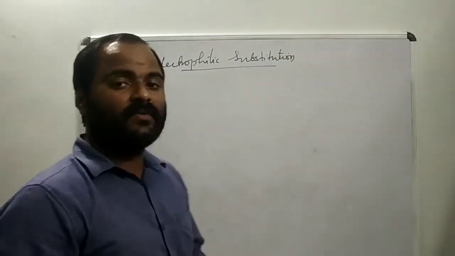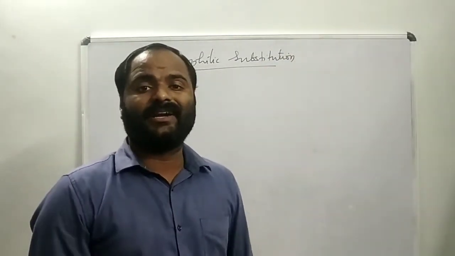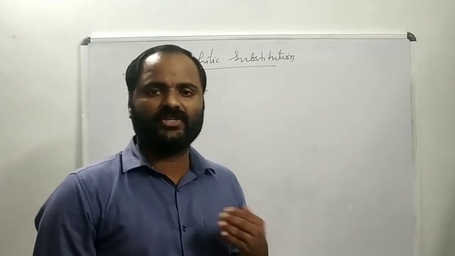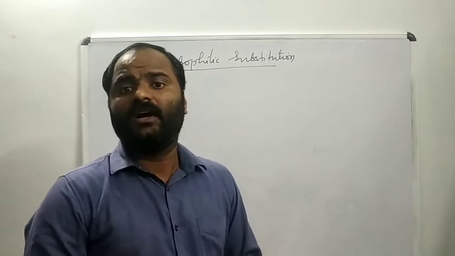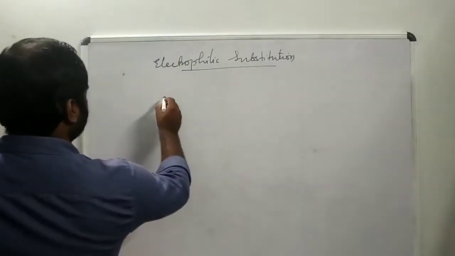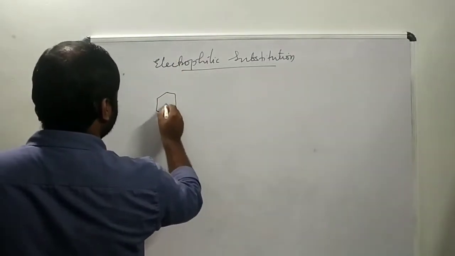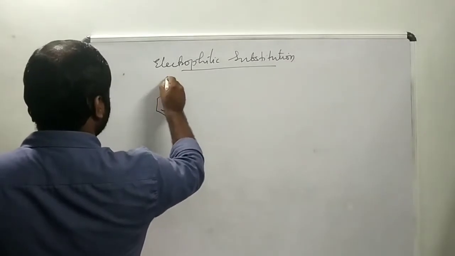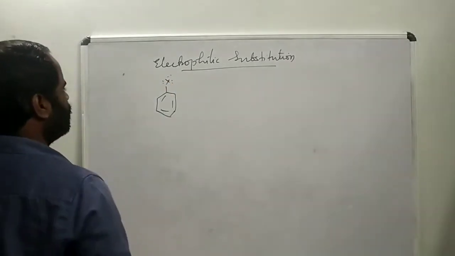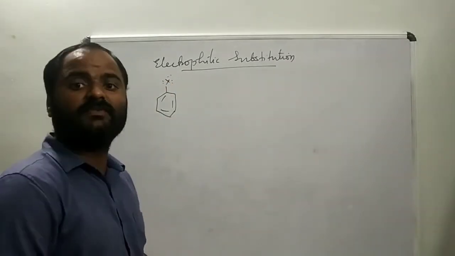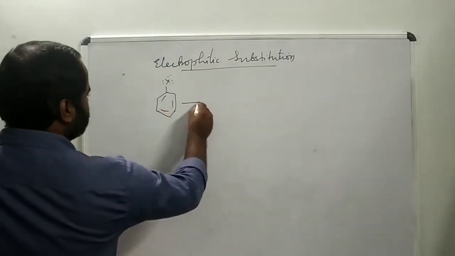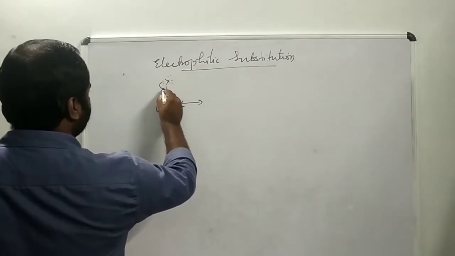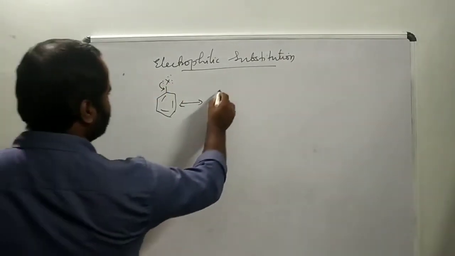We have already discussed the resonance structures of halogen. Once again we can go to the resonance structure of haloarenes. So this is our halobenzene or haloarene, where X means halogen. One electron pair is shifted from the halogen and it forms a double bond.